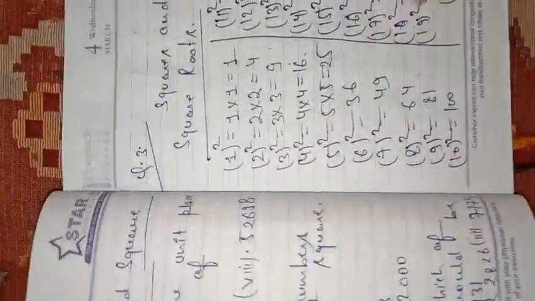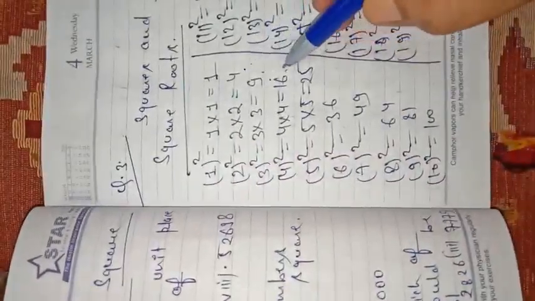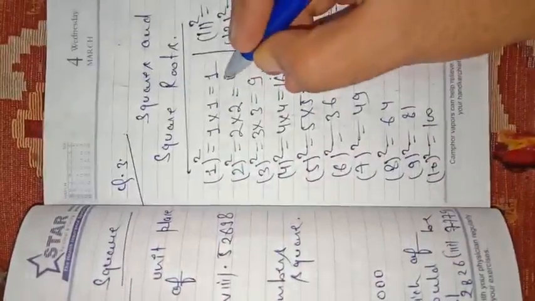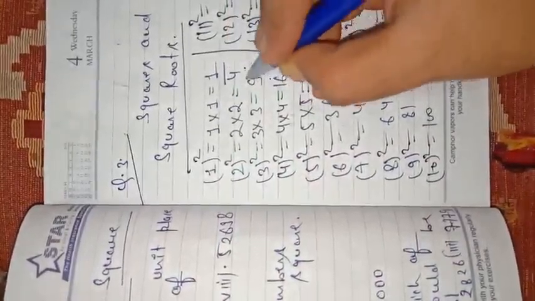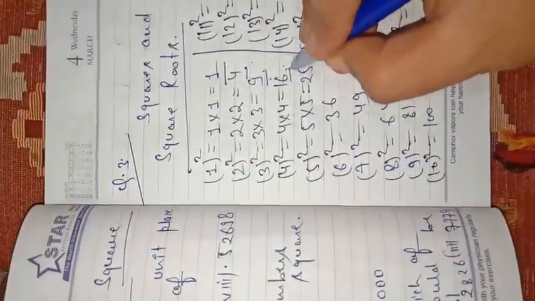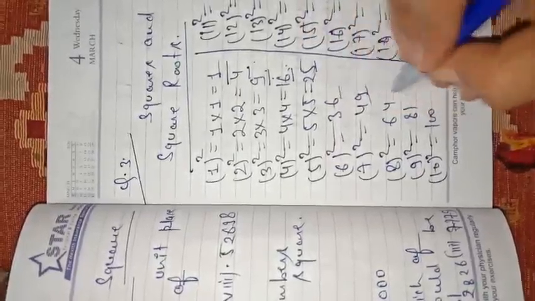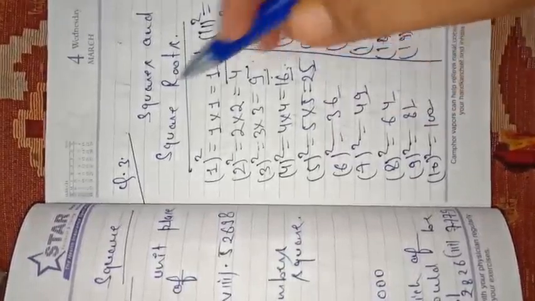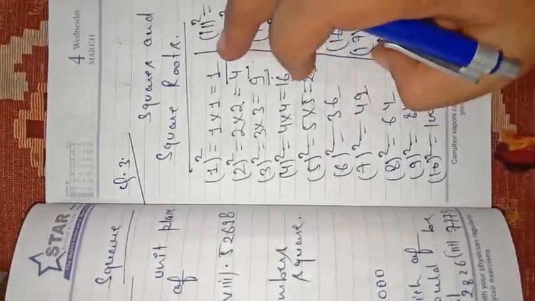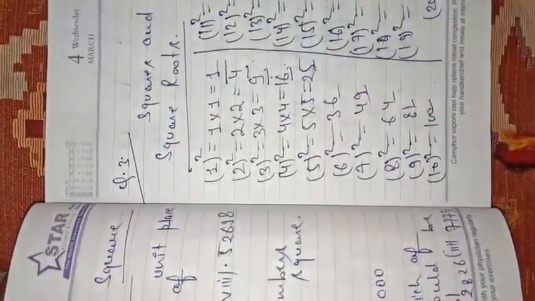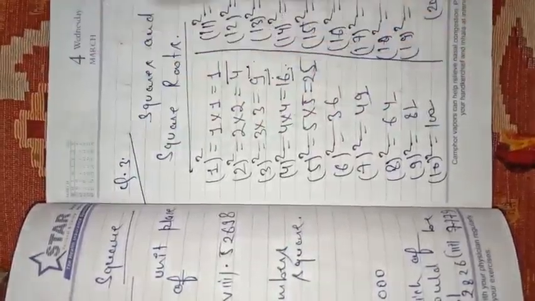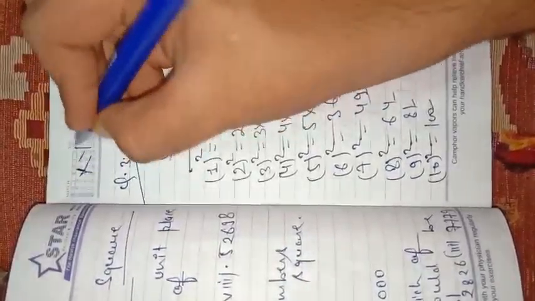As you can see from all the numbers, the square of 1 is 1, square of 2 is 4, then 9, then 16. We are getting these as unit place digits: 1, 4, 9, 6, 5, then again 6, 9, 4, 1, 0. If we have discussed up to 10, we have discussed all the numbers, because the unit digit will start repeating itself. For example, I have any number of how many digits?